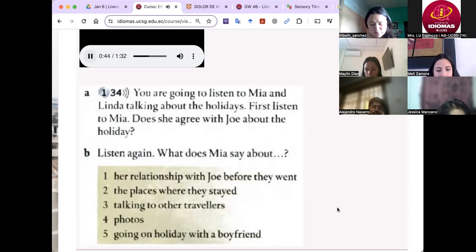There's nothing worse than being in a very small room with someone when you're not getting on very well. Another thing I didn't like was that Joe got very jealous. When you're travelling, part of the fun is talking to other travellers, but he hated it if I talked to other people, especially other men. And then he kept taking photos, hundreds of them.